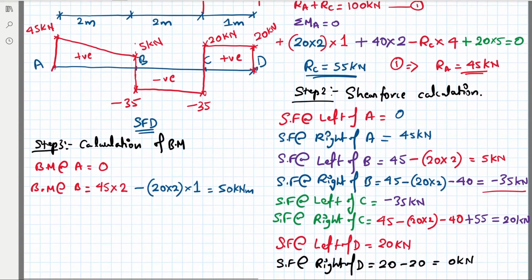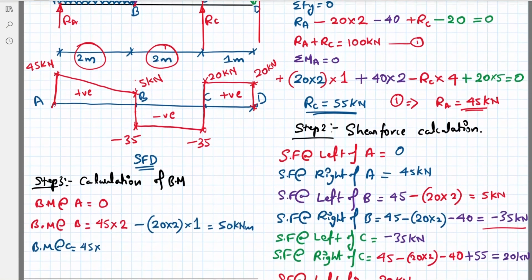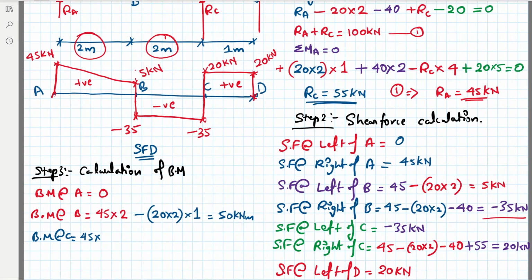First I start with RA. So bending moment at C: RA value, that is 45 kilonewton, into distance from C, that is 4 meter. If I apply about C, it is going to rotate in clockwise direction.